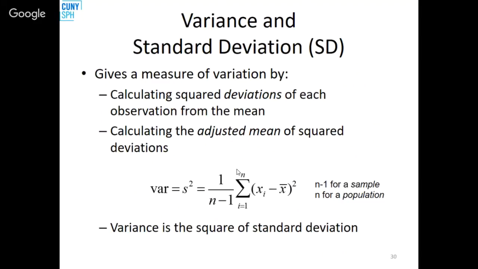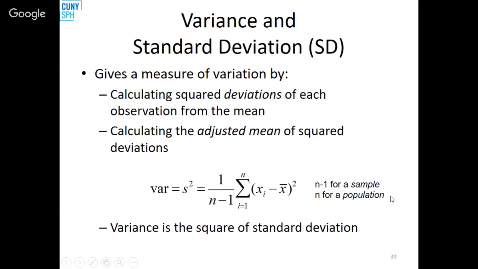Variance and standard deviation are also measures of spread that we calculate from the squared deviations of each observation from the mean. And unlike the mean, where we divided by n, when we calculate the variance from a sample, we divide by n minus 1.